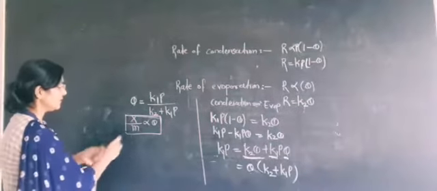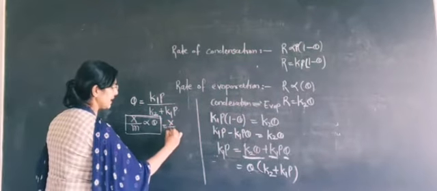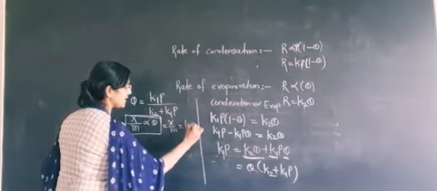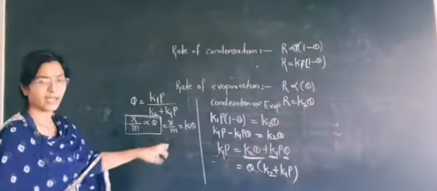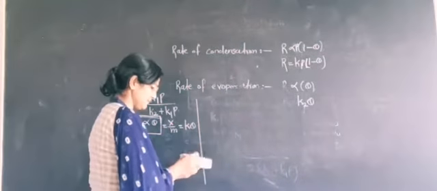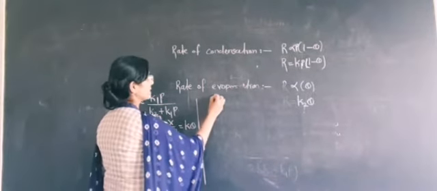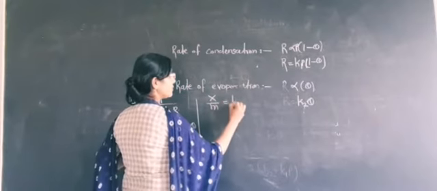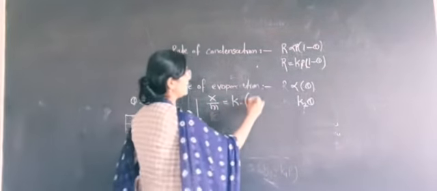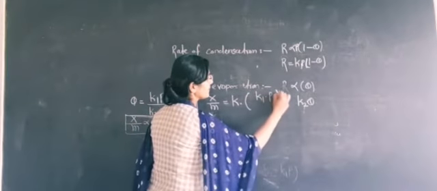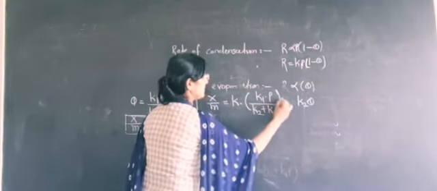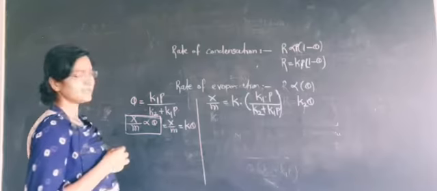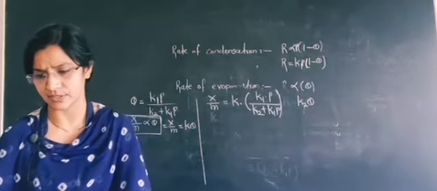When we simplify, we get x by m is equal to k into theta. Then in this equation I substitute the value of theta and get x by m is equal to k into K1 into P upon K2 plus K1 into P.